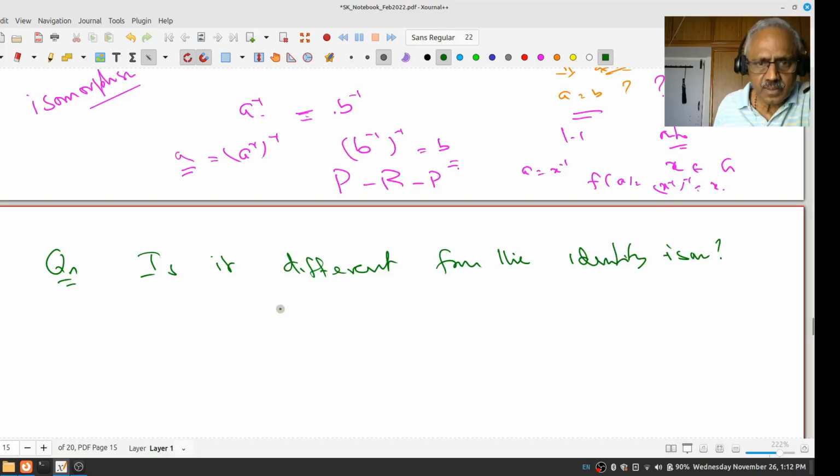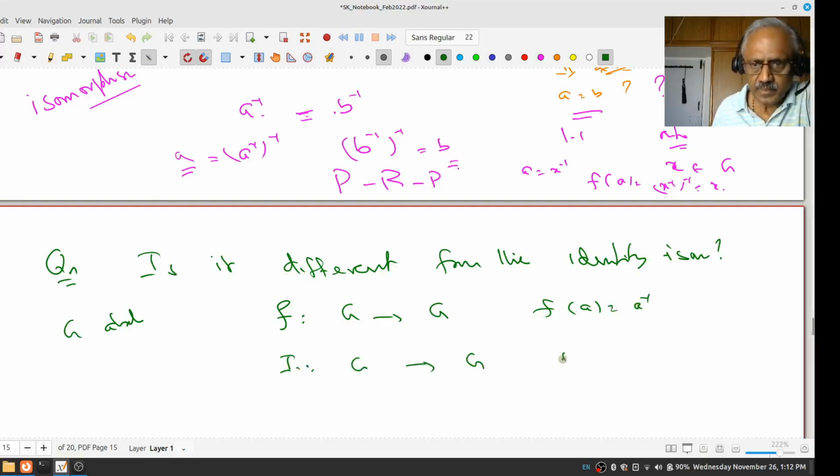Okay. So let f be from G to G, G is again abelian, f of a is a inverse, and let I be the identity from G to G, where I of a is a.